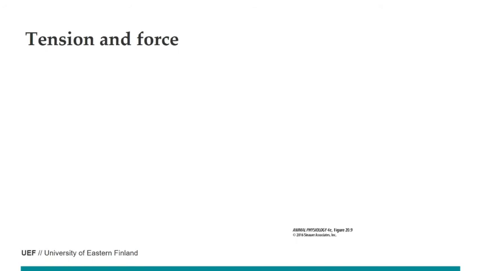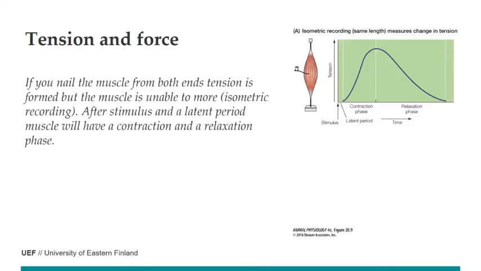We have two different words. We have tension and force. So if we nail the muscle at both ends, then the tension is formed, but the muscle is unable to move. So that's why it's isometric recording.